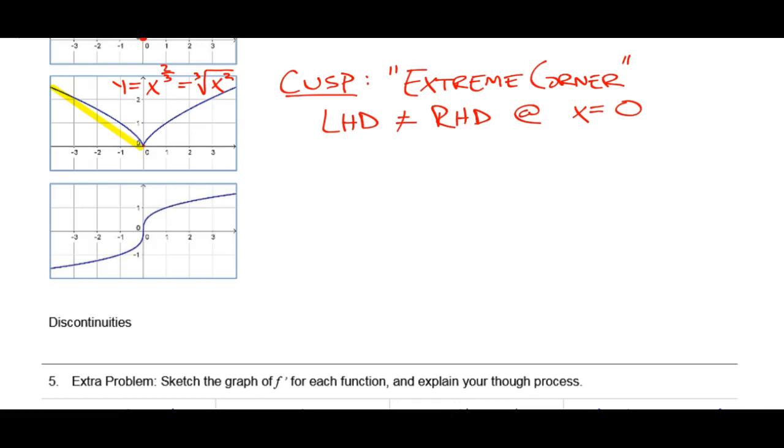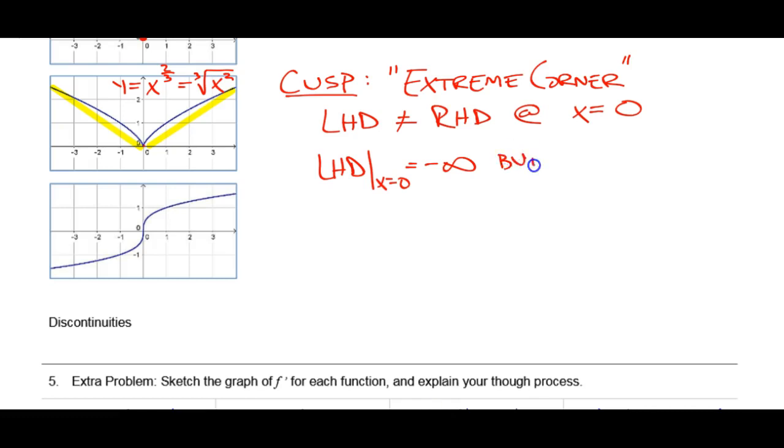And then over here, my slope is positive, but it's getting steeper and steeper as I go towards x equals 0. So let's talk about this. The left-hand derivative at x equals 0 is equal to negative infinity. So if I draw tangent lines on the left-hand side of that graph, and they get closer and closer to x equals 0, those tangent lines are going off towards a slope of negative infinity.